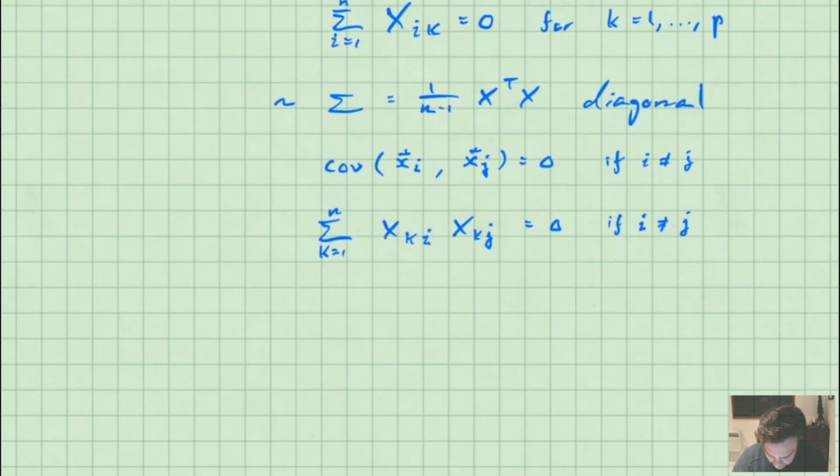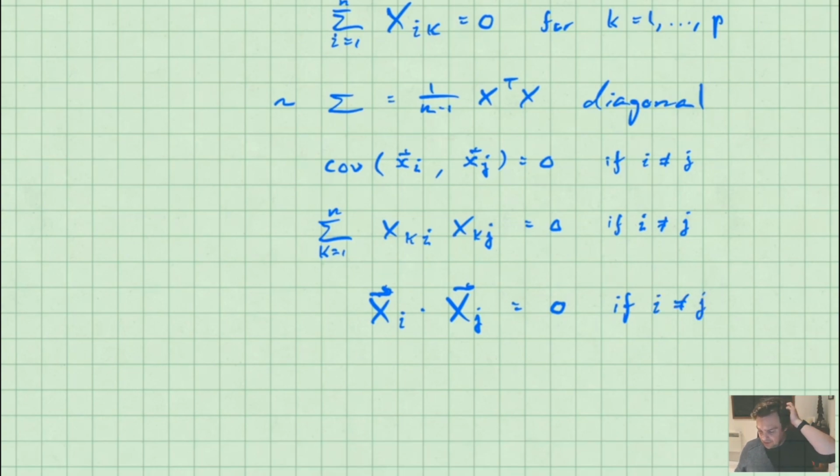Another way to say this is that the dot product of the two columns is 0. So column i, there's supposed to be a capital X here, dotted with capital X_j. So these two different columns is 0, again, if i is not equal to j.